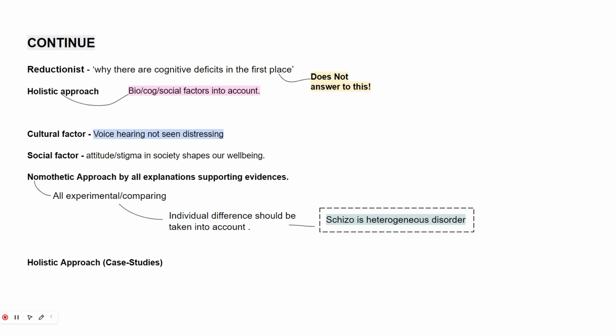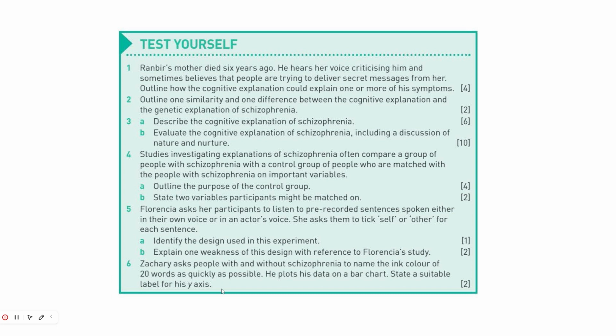It comes in different forms in different people, and it is very complex, as I said. And so clinical psychologists should take a holistic approach, and there should be case studies instead of experiments. Pause the video and do these questions by yourself.